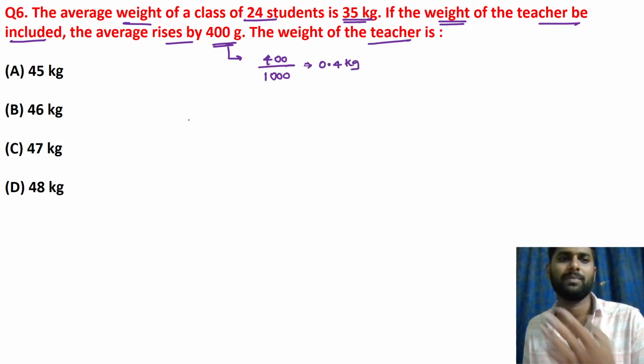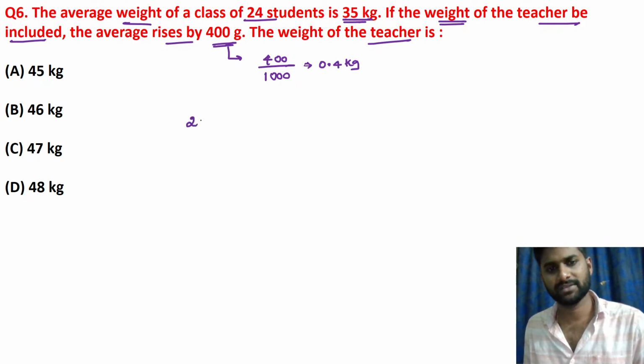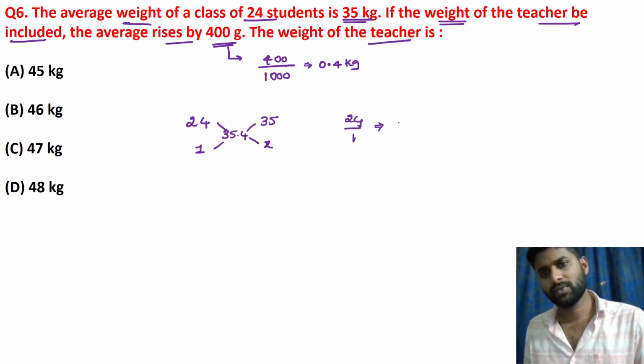The weight of the teacher. See, we can apply the concept of weighted average or you can apply the concept of alligation mixtures. I just go through the alligation mixtures. 24 students average weight is 35 kg. If the weight of the teacher is included as x kg, now the overall average becomes 35.4. Now see here, 24 by 1 is equal to x minus 35.4 divided by 35.4 minus 35.